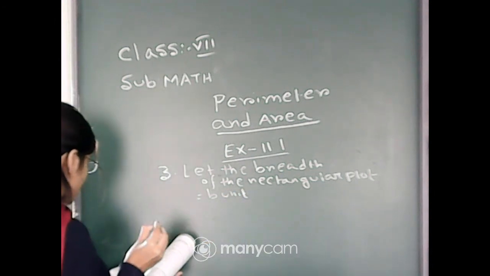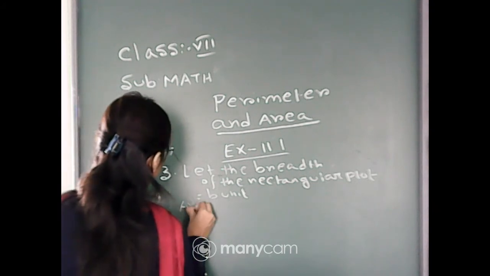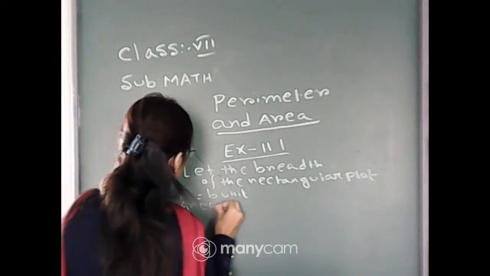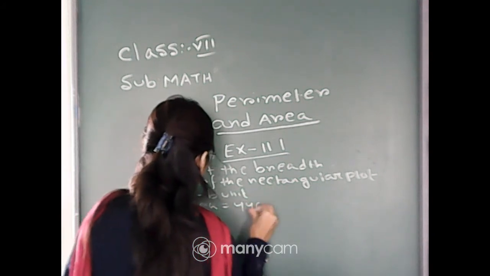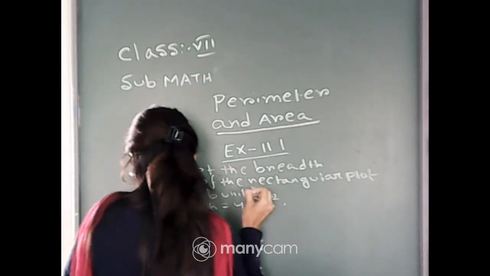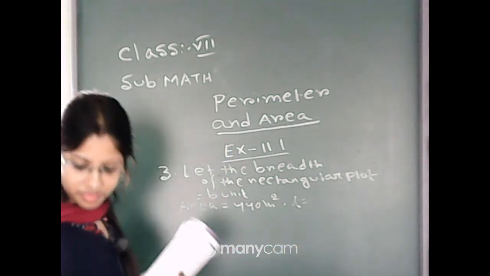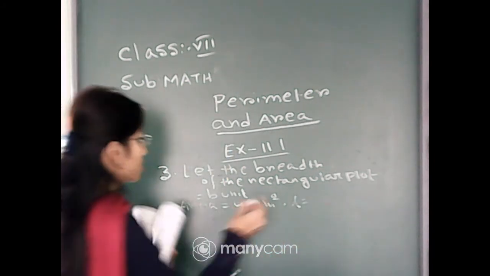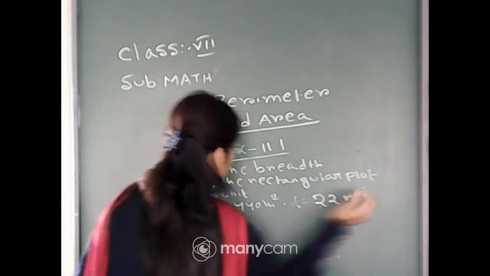Now it is given that area is equal to 440 meter square and the length L is equal to 22 meter.